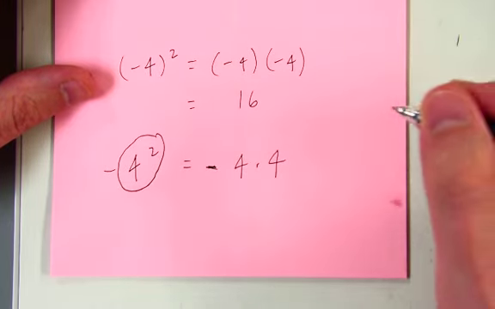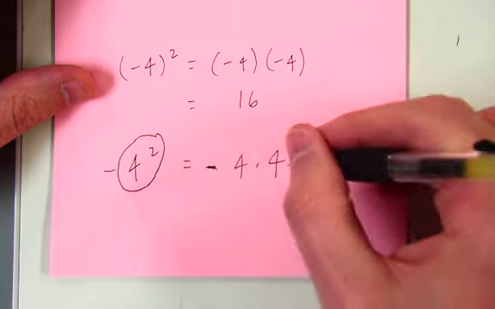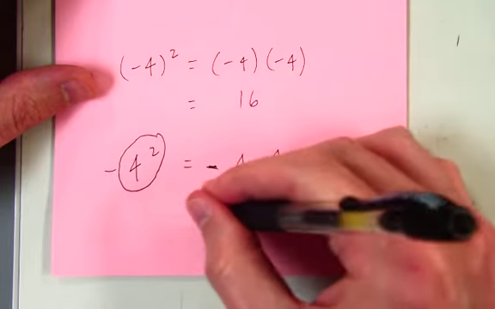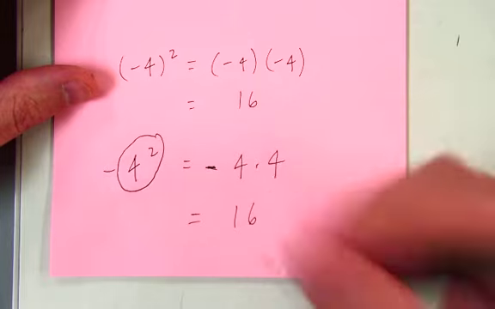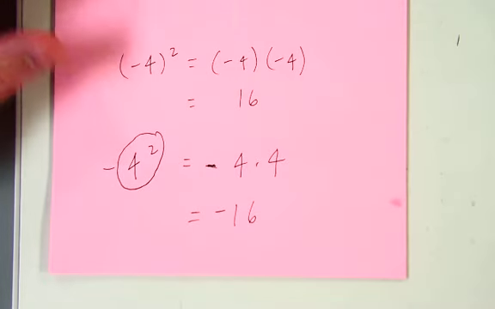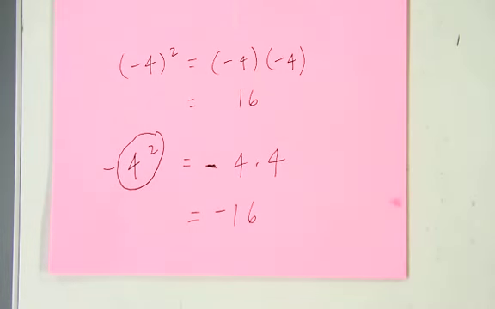Okay, so we only have one negative in there, and now we're multiplying -4 times +4, that's 16 for the value, and then our signs are different. When our signs are different, our product is negative. So you really want to think about what pieces that exponent applies to, and only put it on the appropriate pieces. In this case, it was just on the 4, so the 4 times 4 part was there. The negative is its own separate little piece that's just out front.